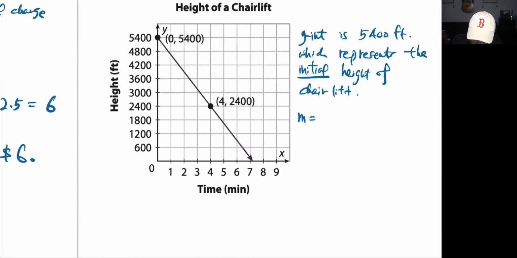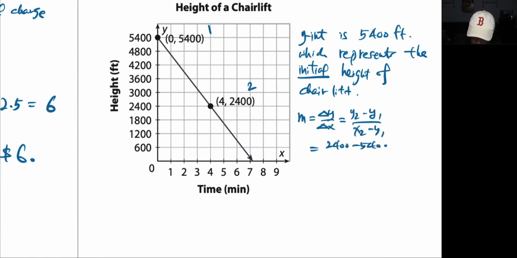The slope is change in y over change in x, which is y2 minus y1 over x2 minus x1. Let's consider this to be the second, and that's the first set of numbers. That's 2,400 minus 5,400 divided by 4 minus 0. You could change the order, it's going to come out the same thing.